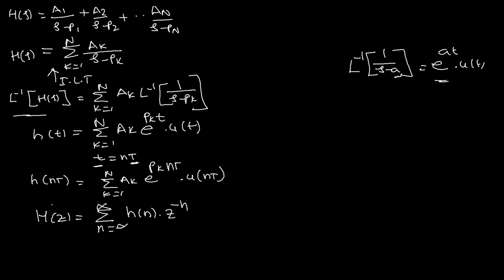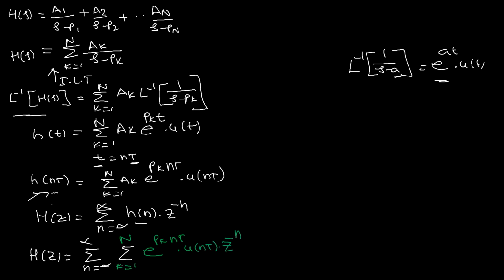If you apply this formula for h(n), what do I get? H(z) is equal to the sum for n from minus infinity to infinity of, substituting h(nT), the sum for k is 1 to n of Ak e to the power Pk nT u(nT) and z to the power minus n.